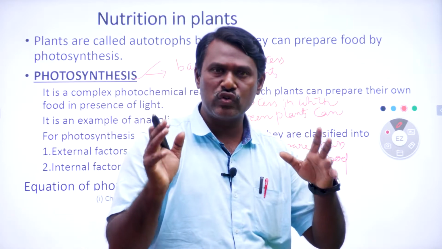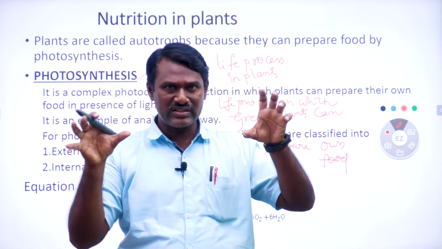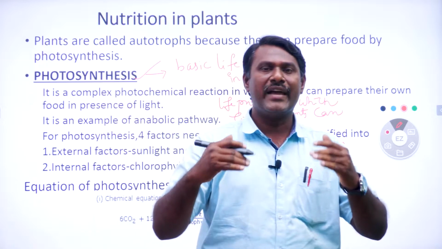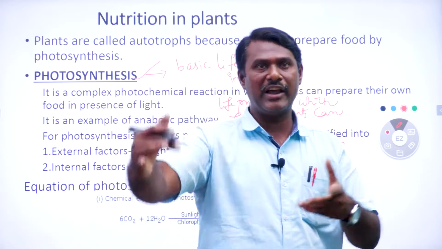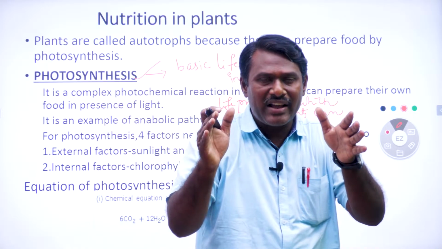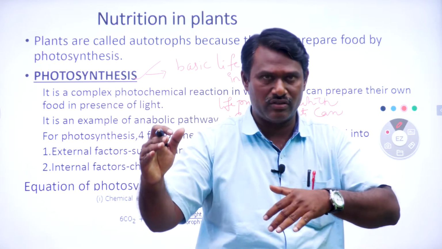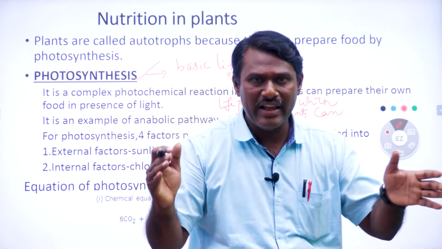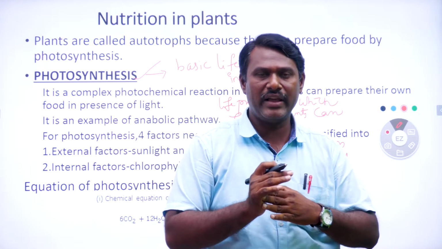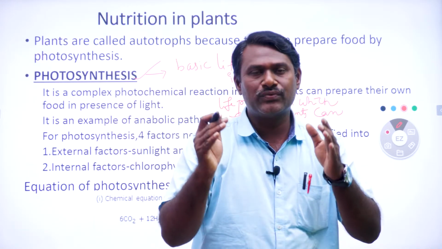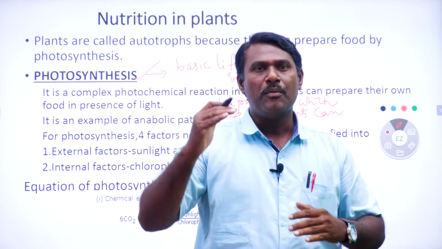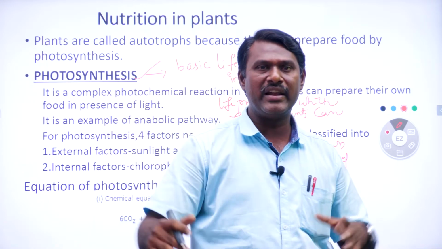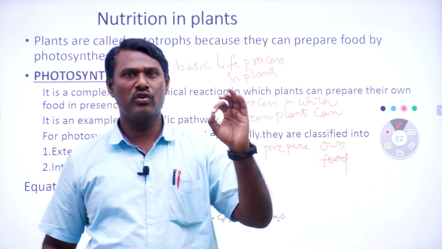That is called photosynthesis. It is a complex photochemical reaction, that means a light dependent reaction. Photosynthesis occurs only in the presence of light. It is a complex photochemical reaction in which plants prepare their own food material in presence of sunlight.